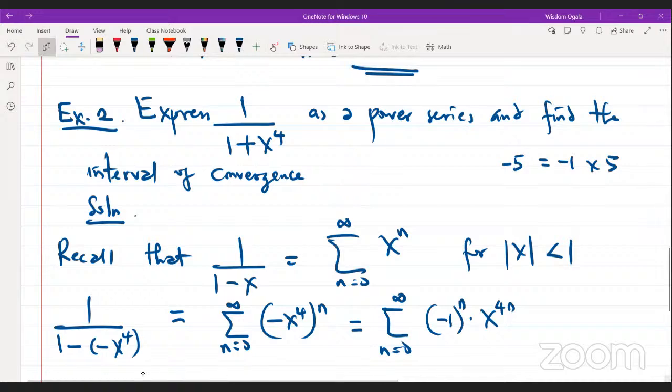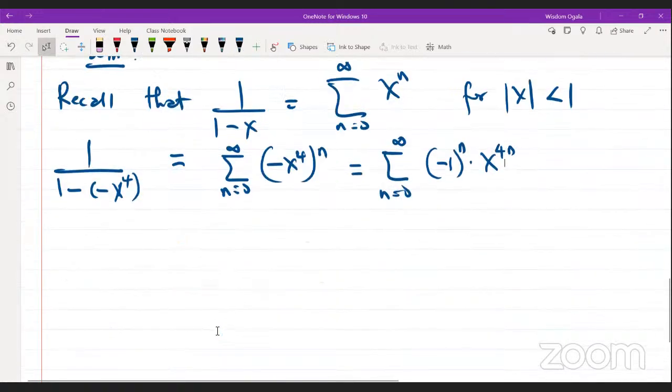Interesting. In this case, what is it going to converge for? I'm going to go back here, because this is like my r. So that's a negative.